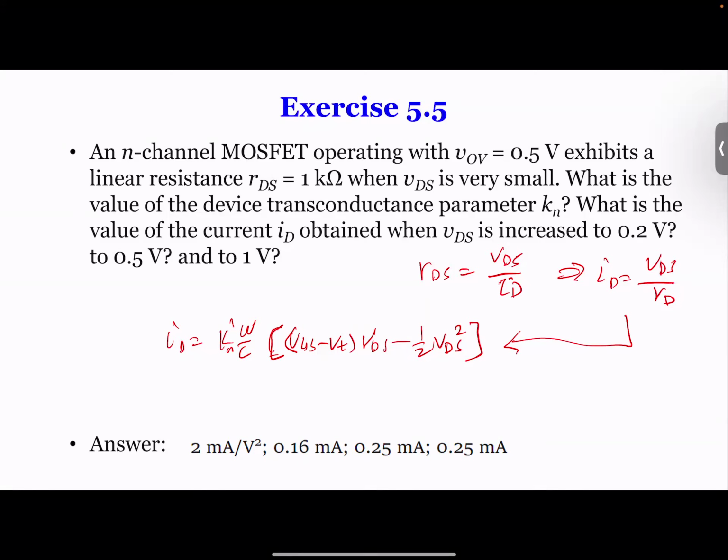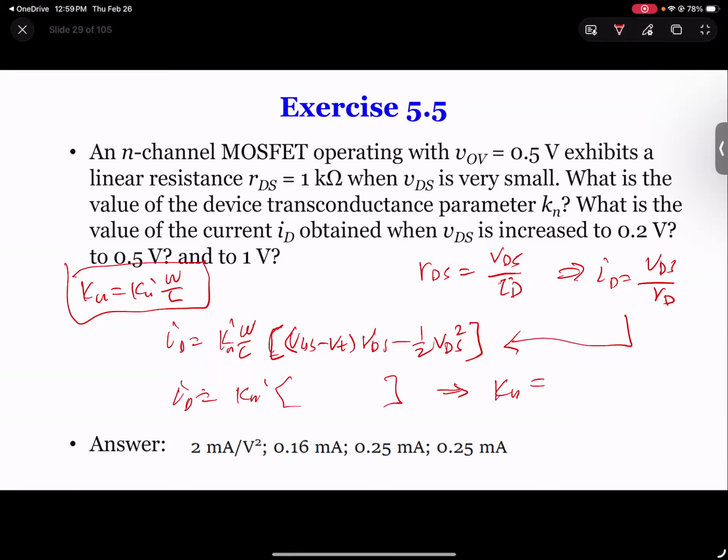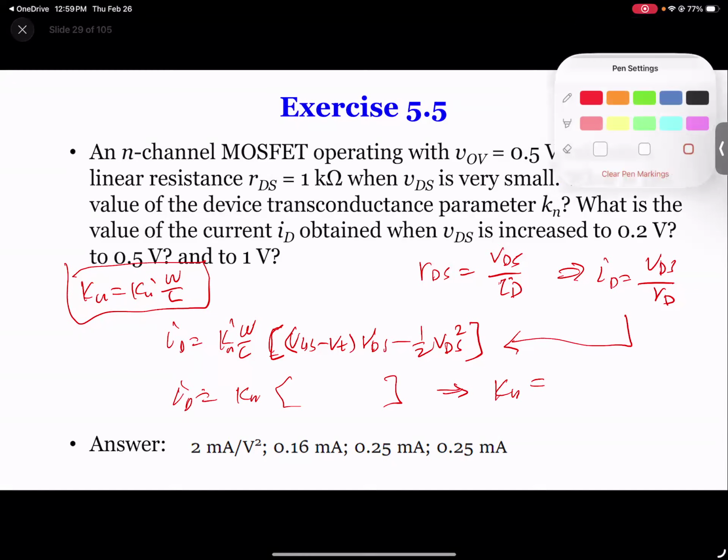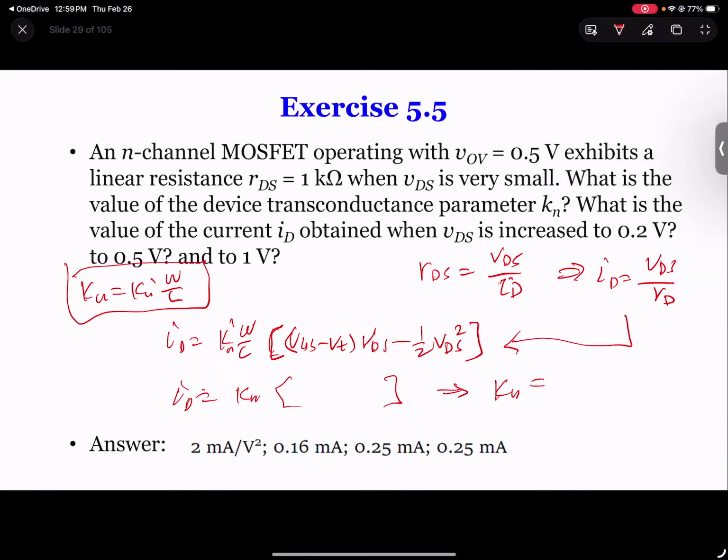So if we plug in all these numbers over here, Kn is what they call this K. So Kn equals Kn prime W over L. That's the number you need to find out. So basically, ID equals Kn times all these numbers over here. From here, you can find Kn. Let me erase this prime over here. So that's what we have in terms of finding Kn.